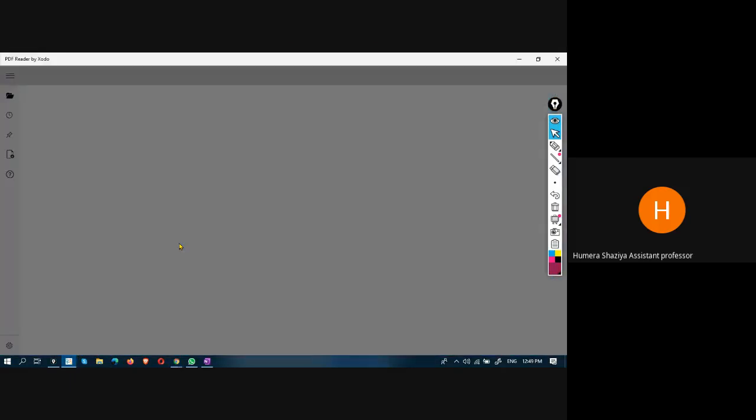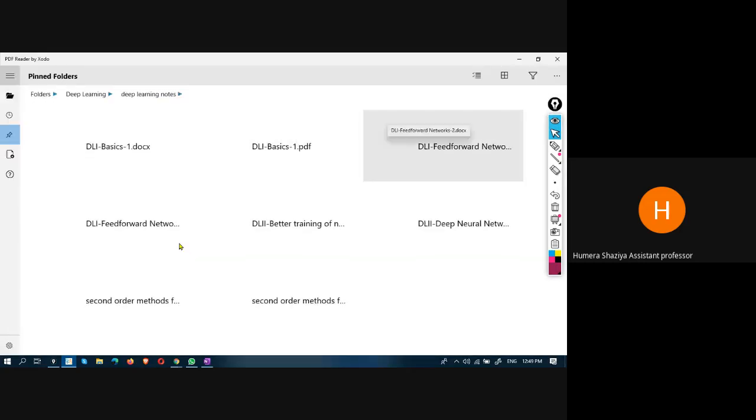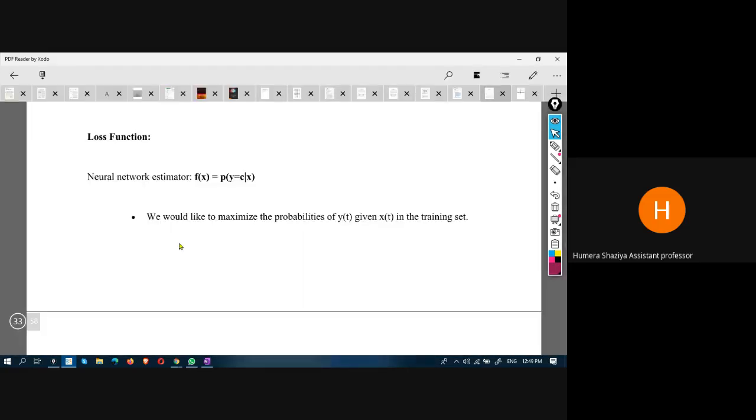Let us look at the concepts of unit 1 which are left over, so that if we complete this, then we can start unit 2. In that we will study theoretical concepts of convolutional neural networks.